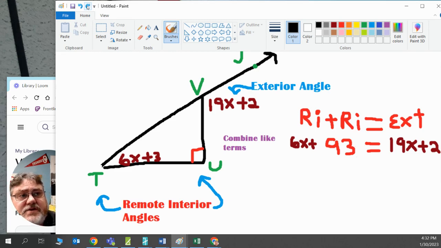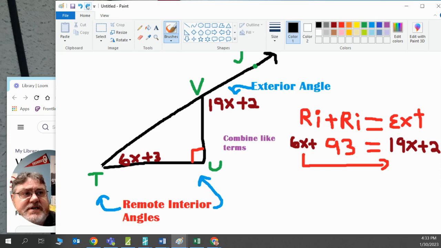The next thing I'll do is put the x's on one side of the equal sign, and I'll move the numbers to the opposite side, and then eventually solve for x, okay? I like to move the smaller x over to the larger x, that way everything stays positive. And so I'll take the 6x, and I'll move it over to where the 19x is. So it's a positive 6x.